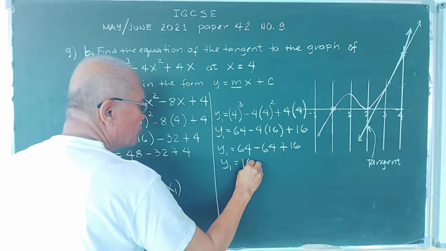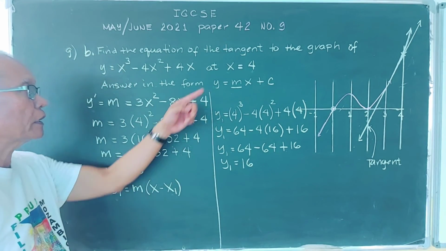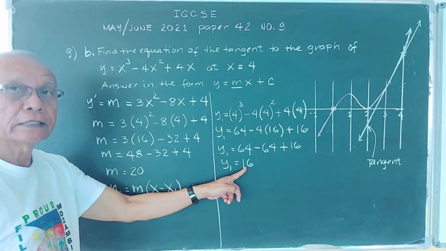Therefore, the y coordinate at x equal to 4 is 16.